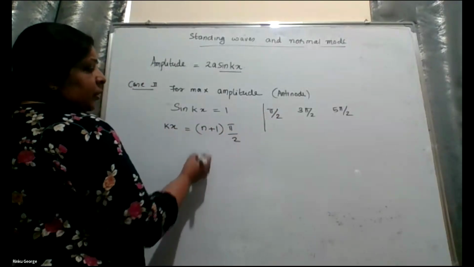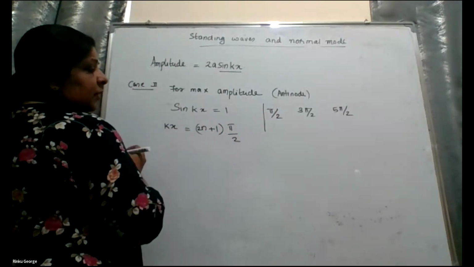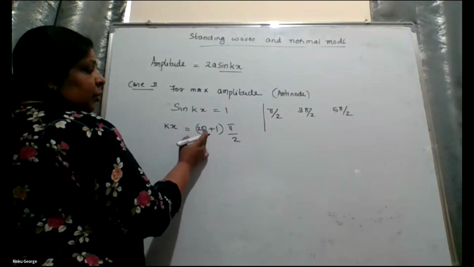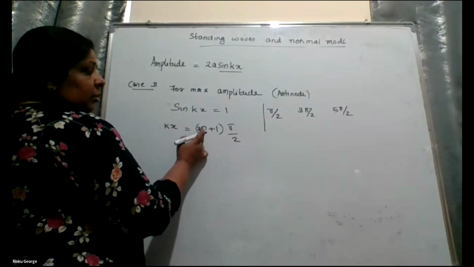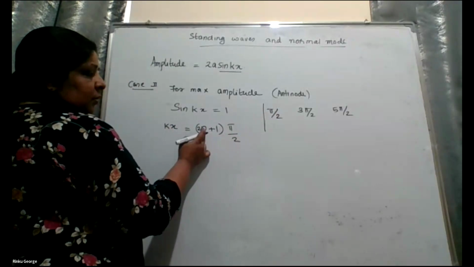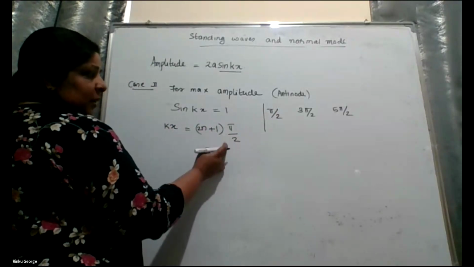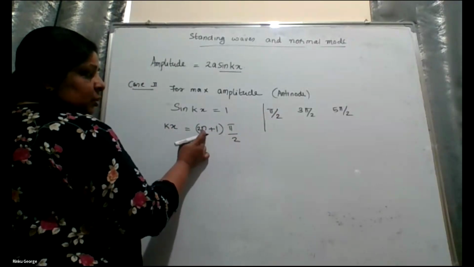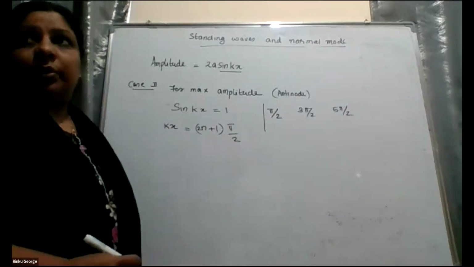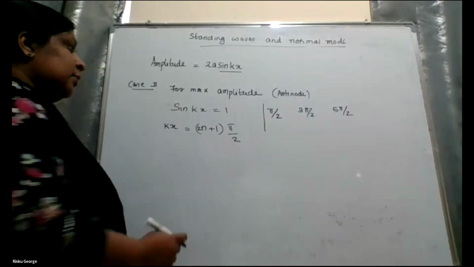Will that work? Put n as 0, you get pi by 2. N as 1, you get 3 pi by 2. N as 2, you get 5 pi by 2. So this will work. This will be the general formula.